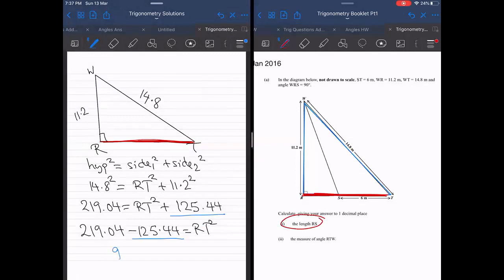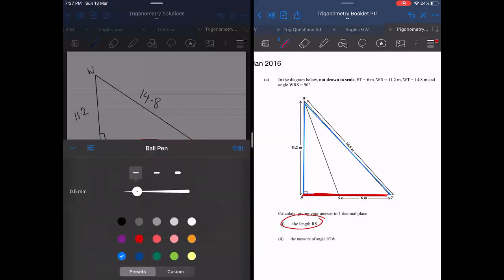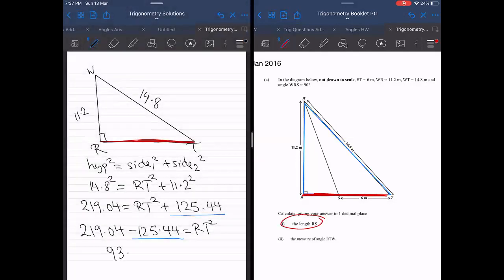All right, which leaves us with 93.6 is equal to RT squared. And what did I say? To get rid of this square, the square root.